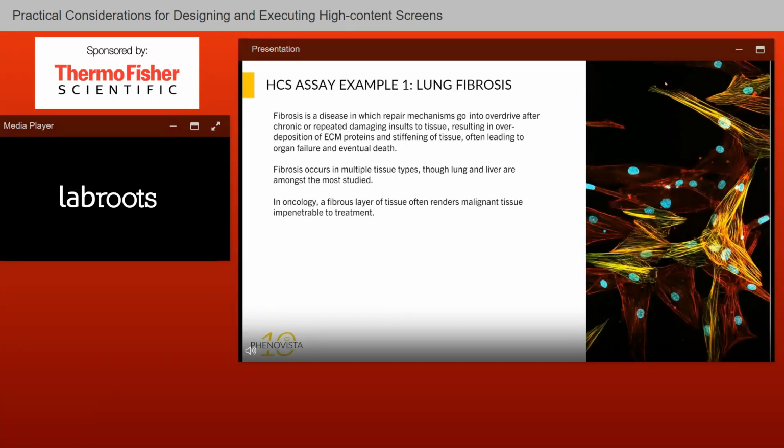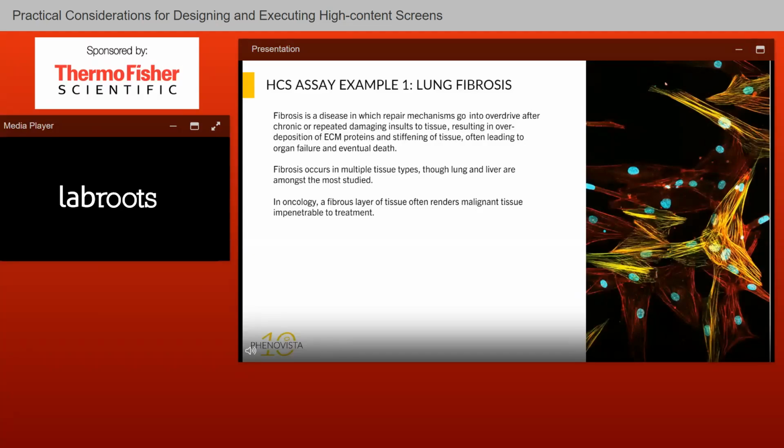So fibrosis, if you're not familiar with it, is a really prevalent disease that affects lots of aspects of biology, but essentially is a repair mechanism that's gone kind of overboard and leads to tissue stiffening and can lead to organ failure.